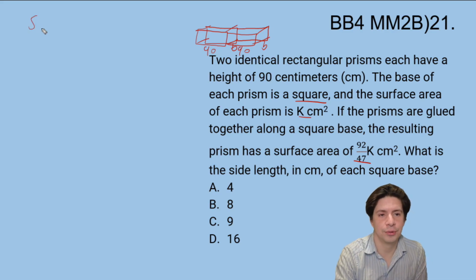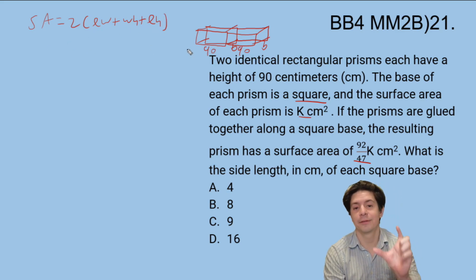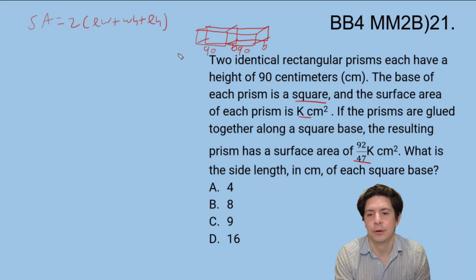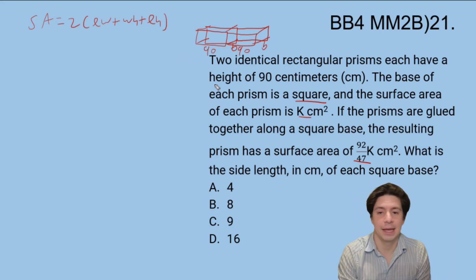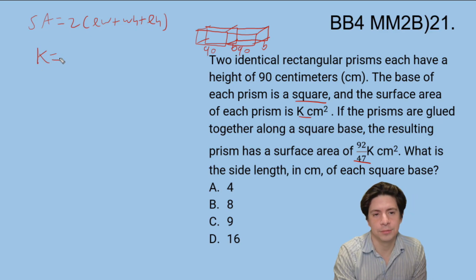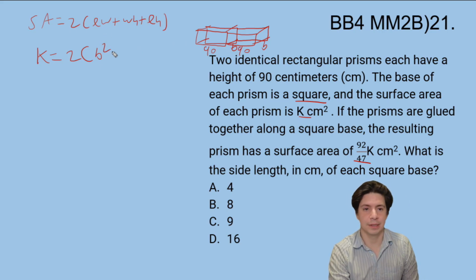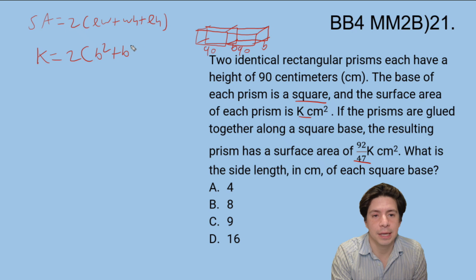So let's find the surface area formulas for each, right? Surface area is normally 2 times LW plus WH plus LH. Now let's find the surface area for the one of them, and the surface area of each prism is K. That would be K equals 2 times the base squared, because LW is both B and B, plus BH plus BH again.